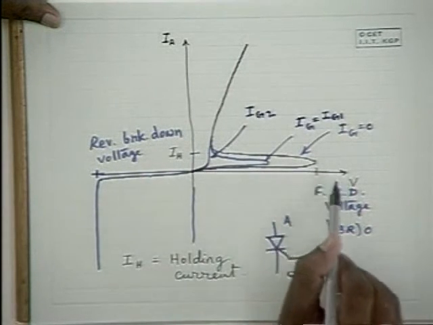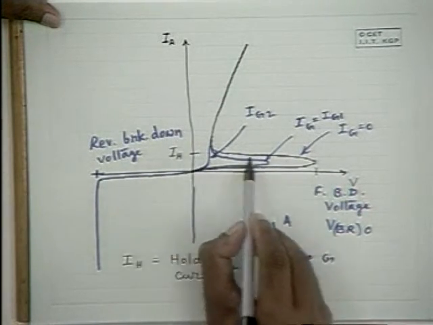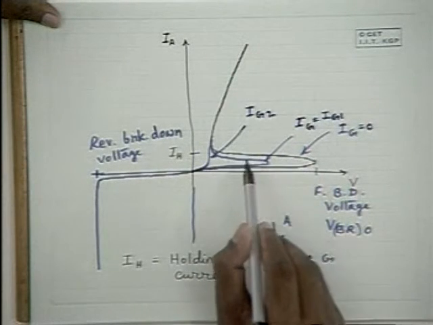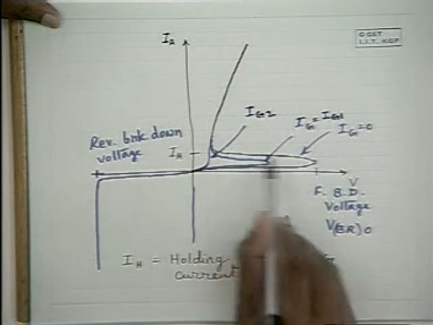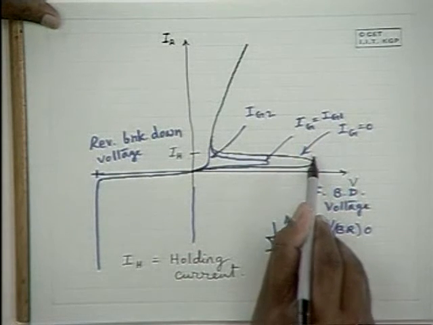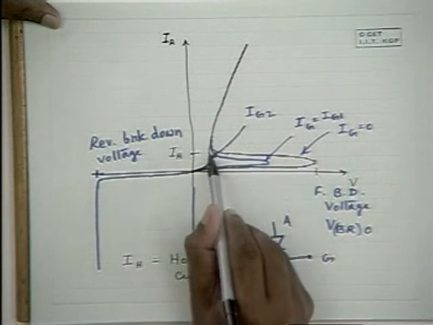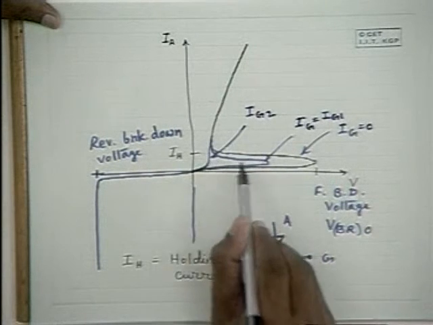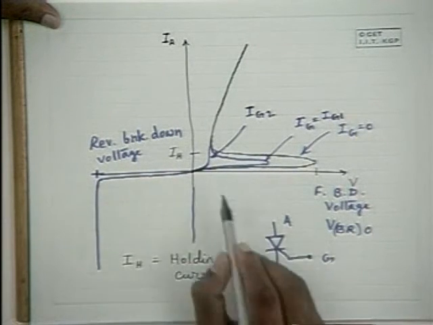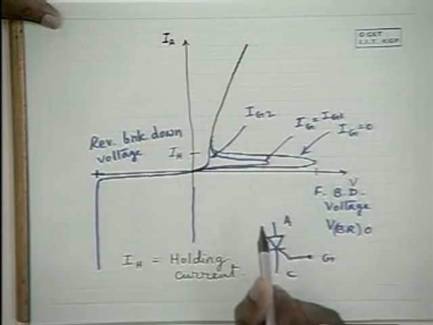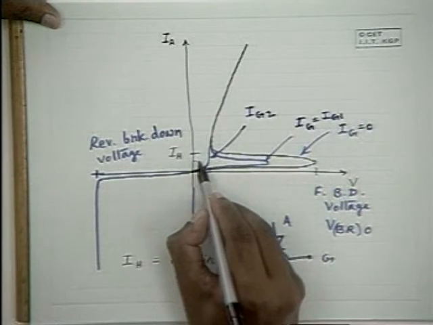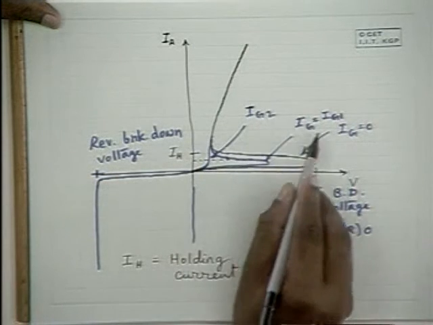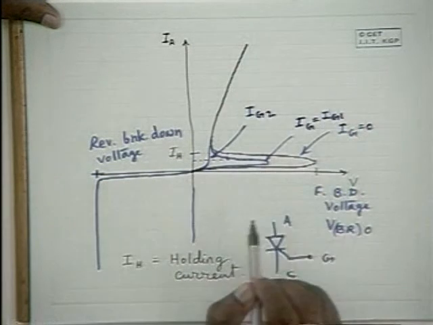That means immediately after the breakdown potential, this is the current at which the device voltage falls down from the breakdown potential to this potential. So that current is known as the holding current, and this is the holding current when the gate current is 0, and this is the holding current when the gate current is Ig1.